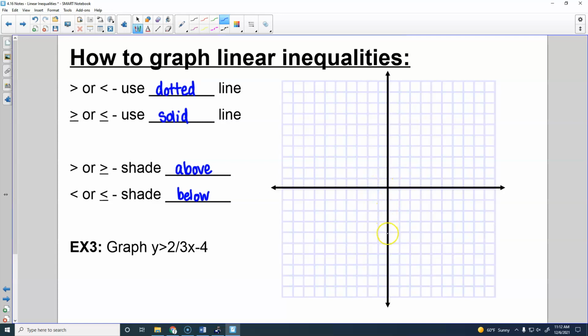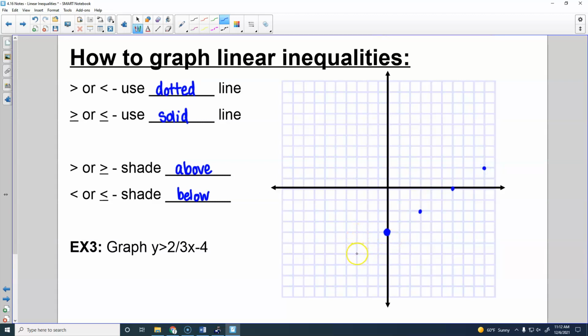Good, so we're going to go down on the y-axis to -4 and put ourselves a dot. Okay, Easton, what's my slope? Okay, so from this point, what do I need to do? Perfect. Up 2, to the right 3.